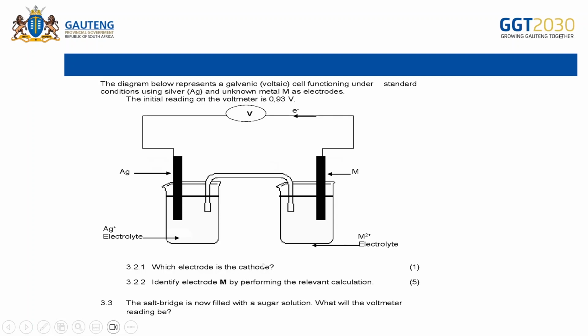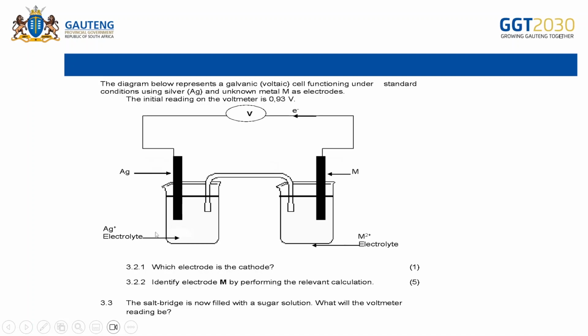The first question that they are asking is, which electrode is the cathode? How do you know that it's a cathode? I told you that there is a positive and a negative. Now, I also want you to notice something close to your voltmeter. I'm just going to go there with my cursor. There is a direction of how the current is flowing.